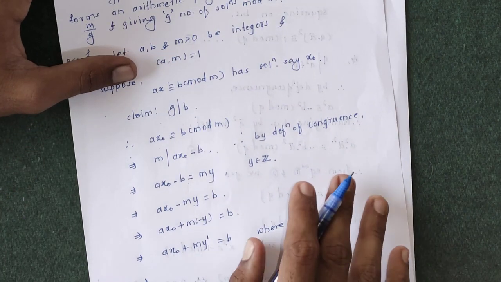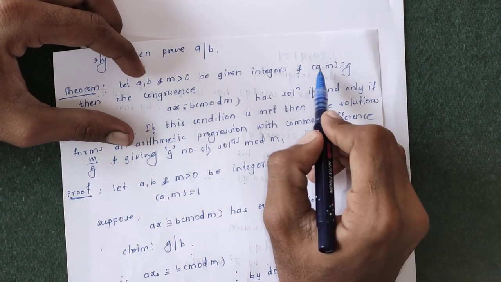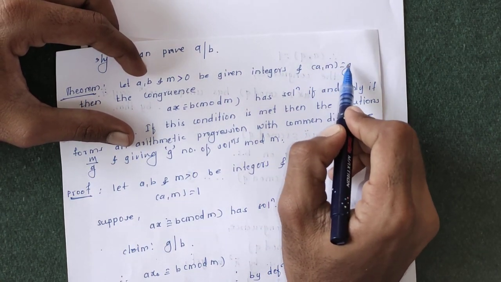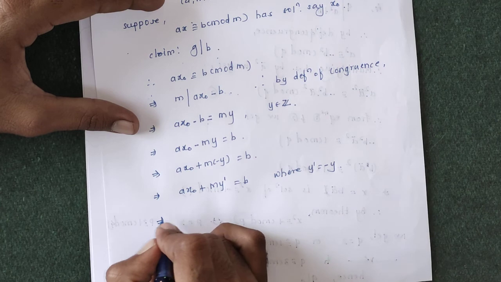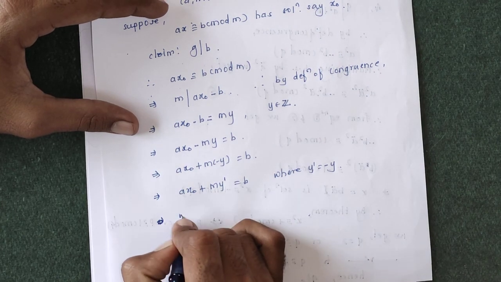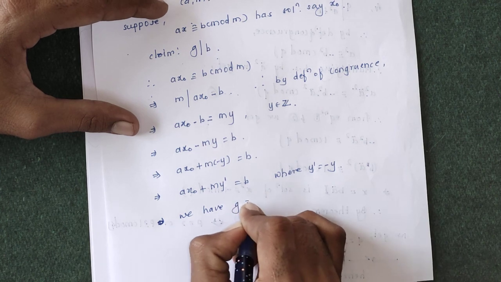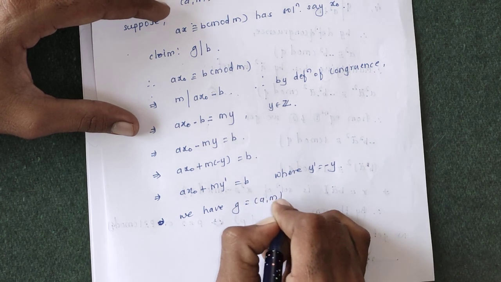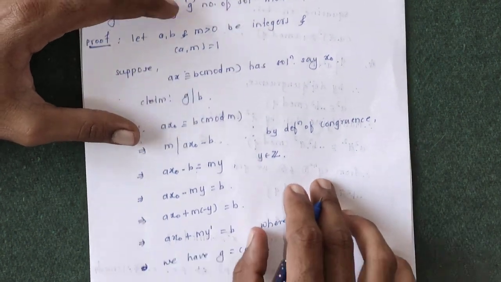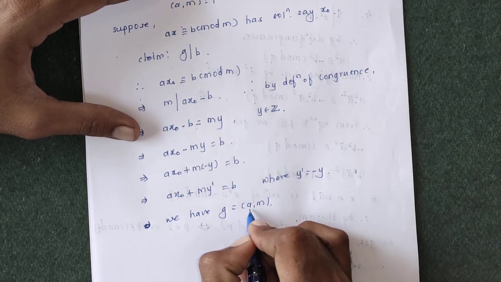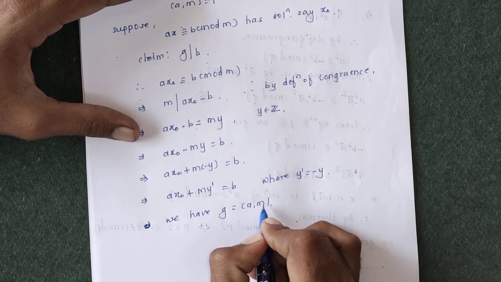Also we are given that GCD of a and m is g. So from this we can say that g divides a and g divides m.